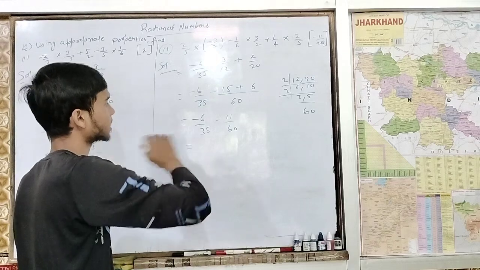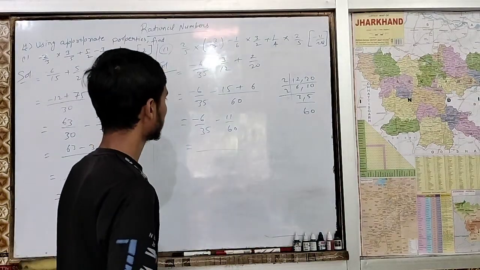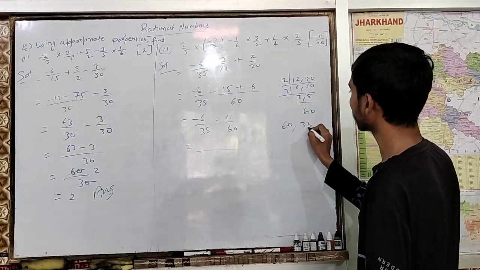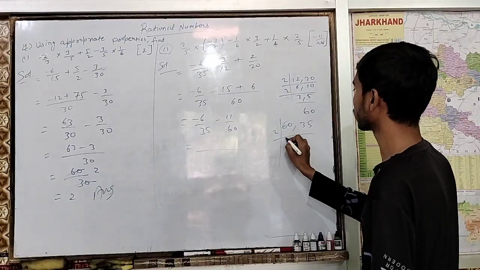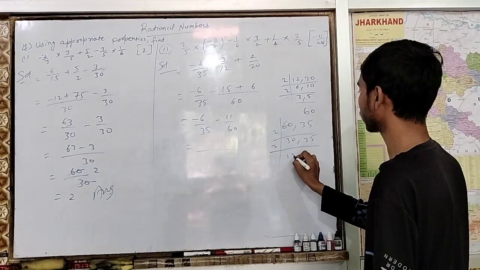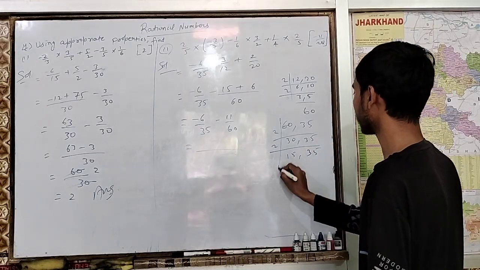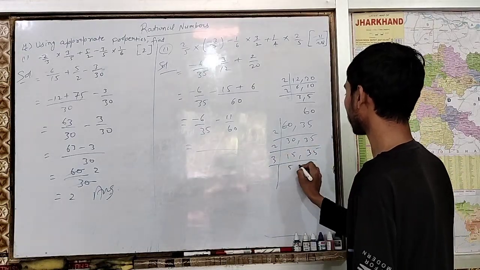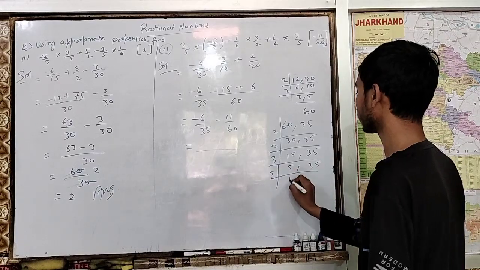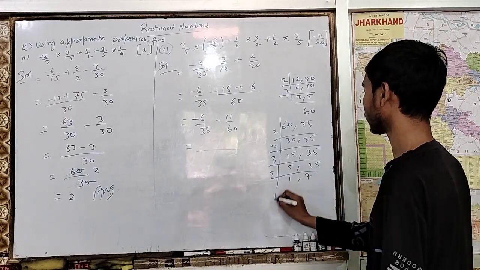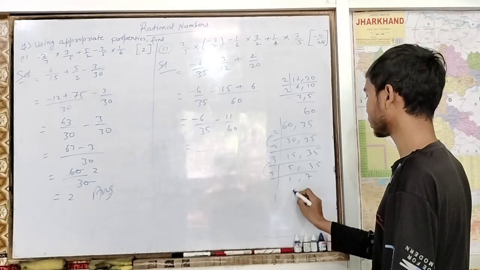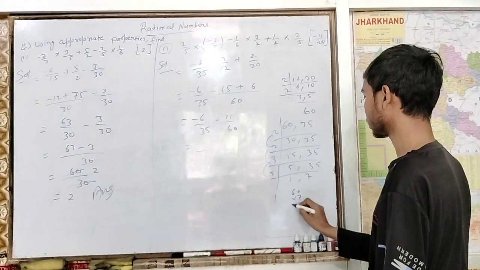So here we can say 60, 35. 2 30, then 35, 2 15, then 35, 3 5s are, then 35, 5 1s are, then 7. 2 2s are 4, 4 3s are 12, 12 5s are 60, 6 7s are 42.